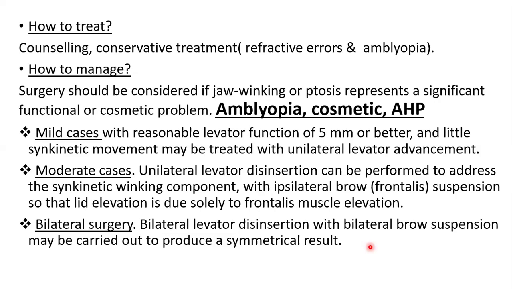And even if the patient is having unilateral Marcus Gunn, I think bilateral usually is the rule in Marcus Gunn, but I would like also to listen from other members if they have more experience in this. But as I know, usually bilateral is needed in severe cases to produce symmetrical results.